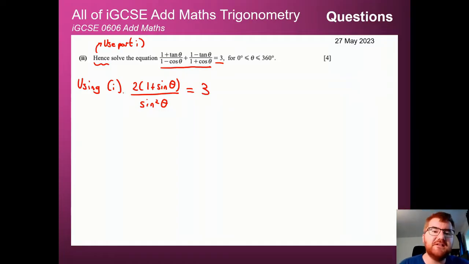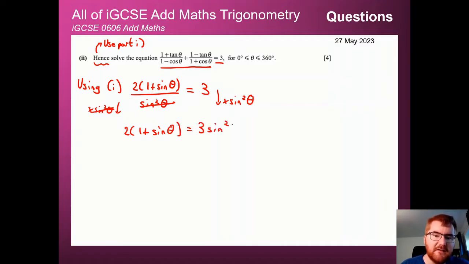Dividing by sine squared theta, we're going to times by sine squared theta on both sides, like so. This cancels, so we get here 2 brackets 1 plus sine theta is equal to 3 sine squared theta. Expand the bracket here, so we get 2 plus 2 sine theta is equal to 3 sine squared theta.